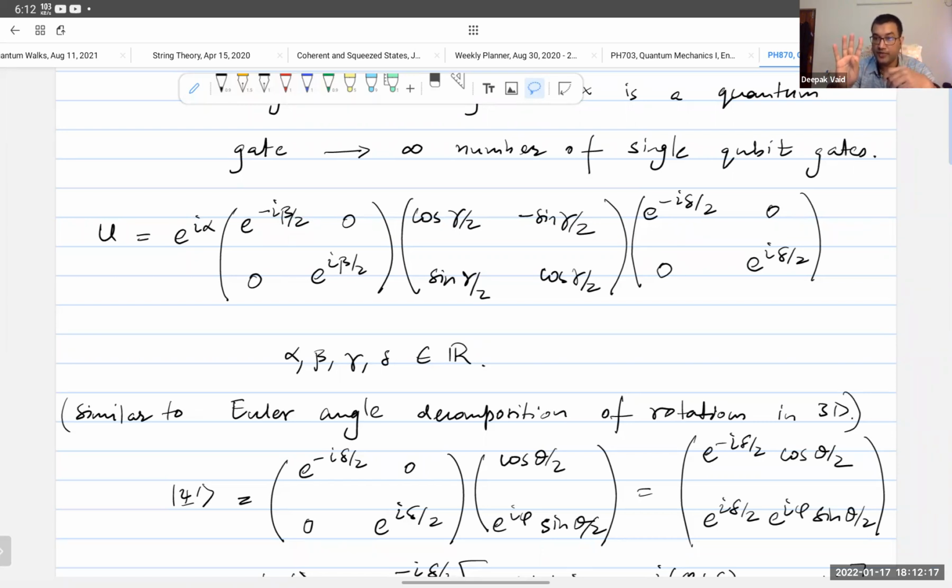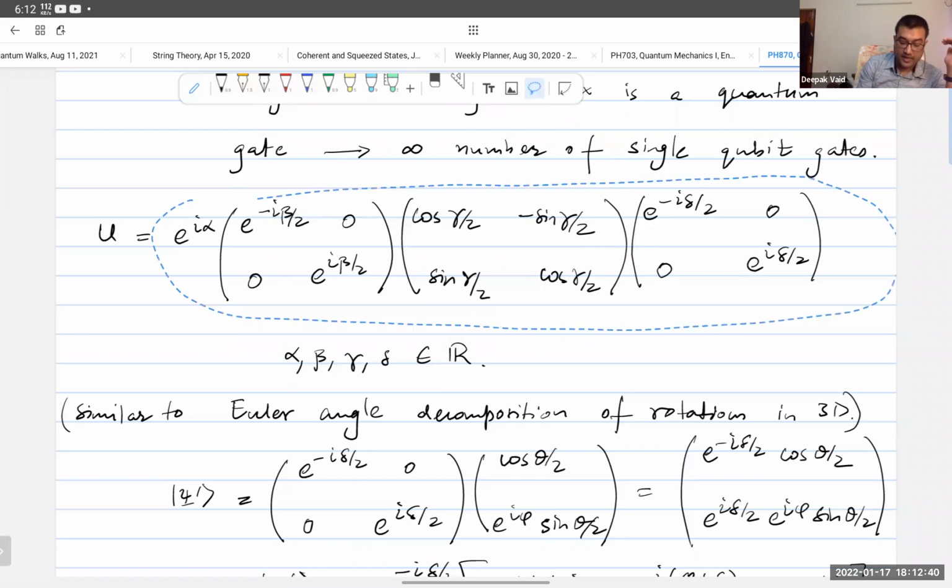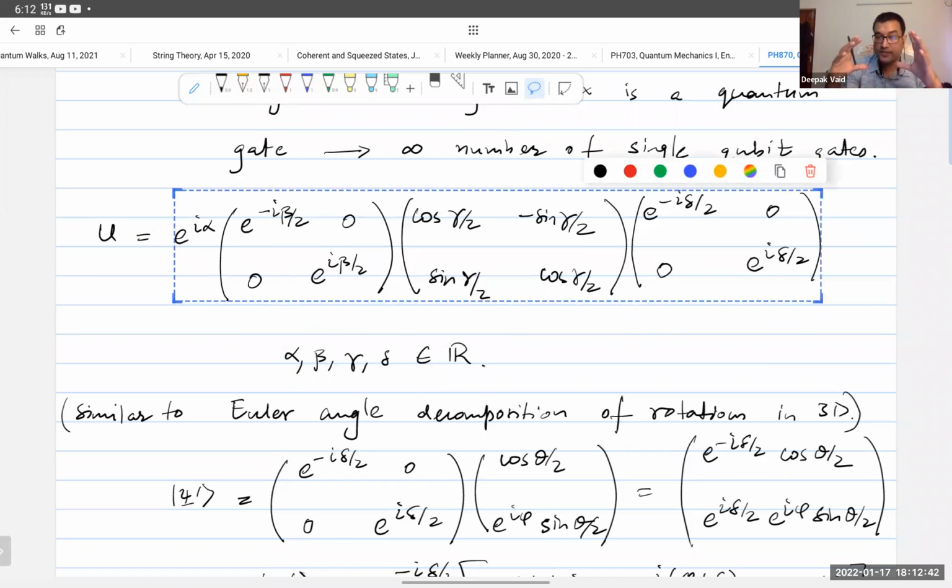There are 8, because each complex number has 2 components. But because of the unitarity condition, you can reduce that to a set of 4 real numbers like this, and then represent an arbitrary 2 by 2 unitary matrix in this form.